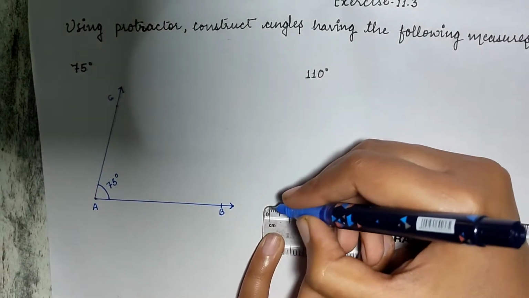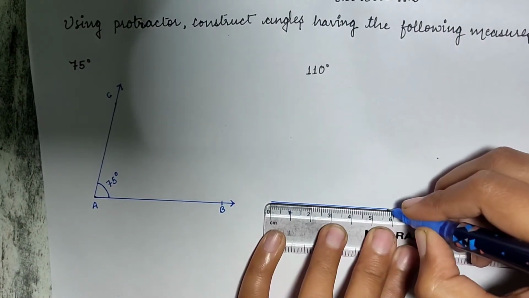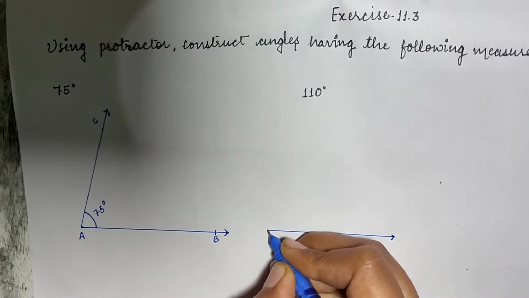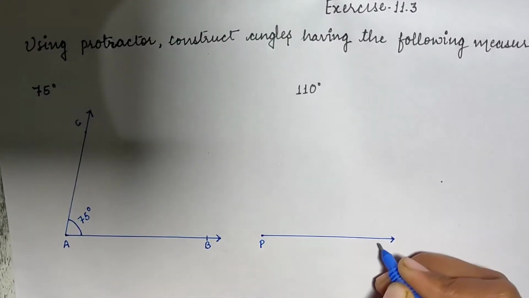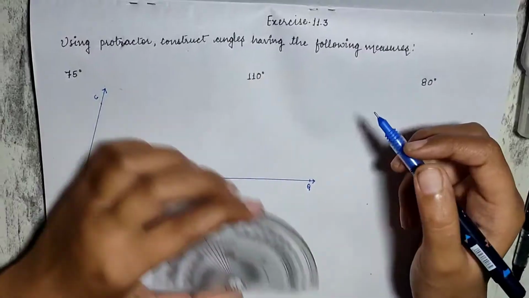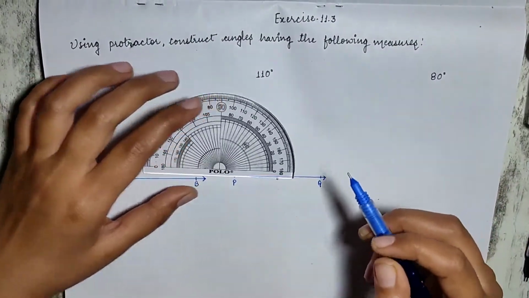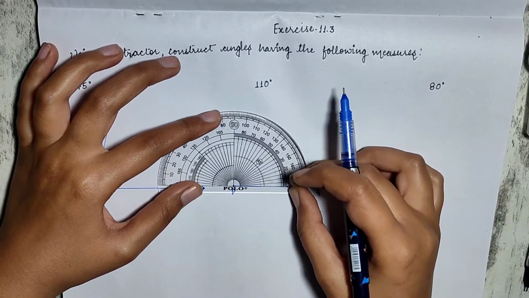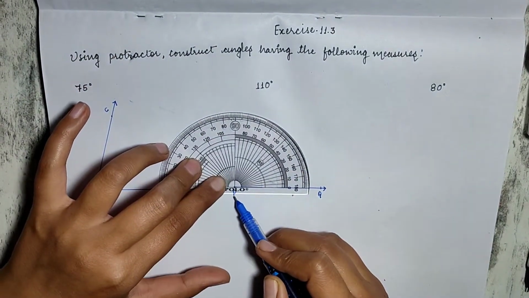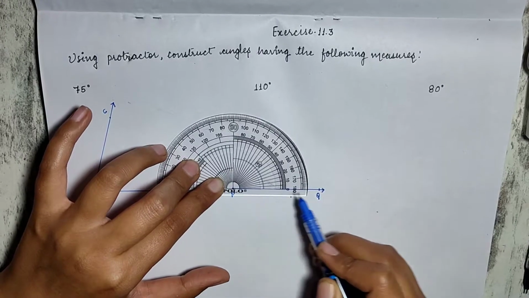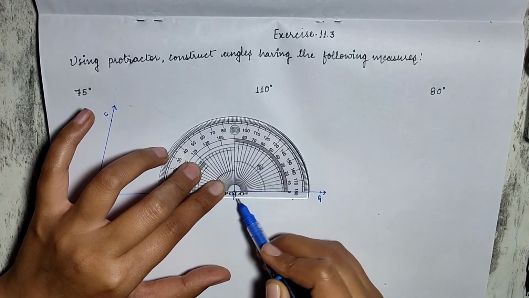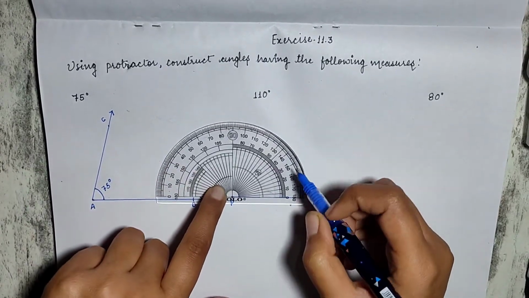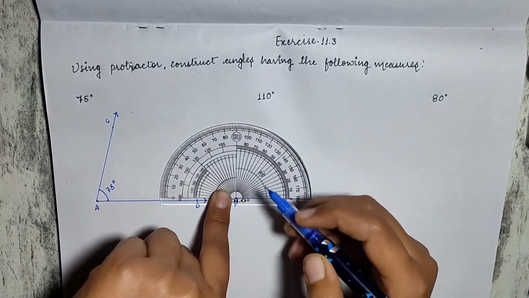Draw another ray. Now let us name this ray as PQ. Now place your protractor on the ray PQ. Again, the center point should coincide with point P, and the zero ray of the protractor should coincide with the PQ ray. Now find 110 degrees on your protractor.